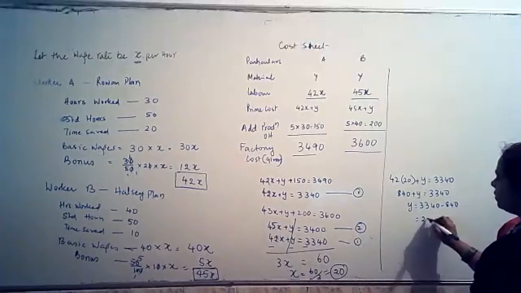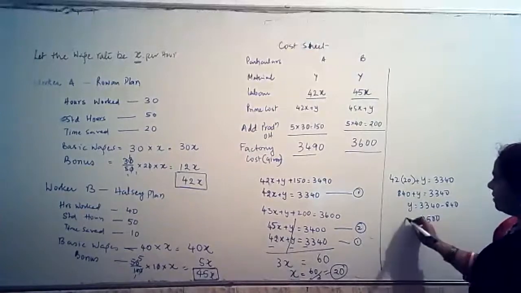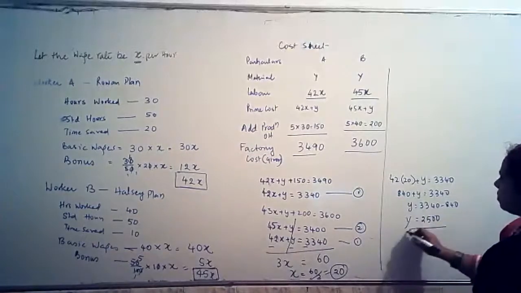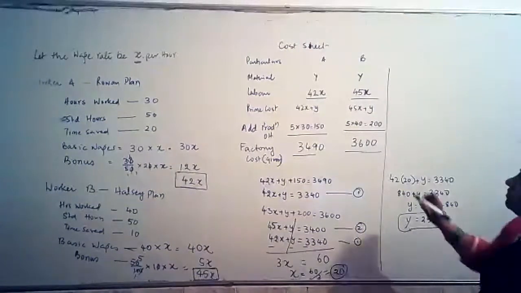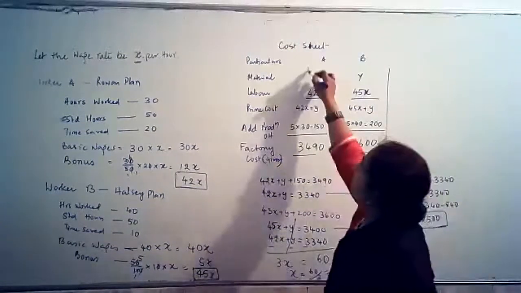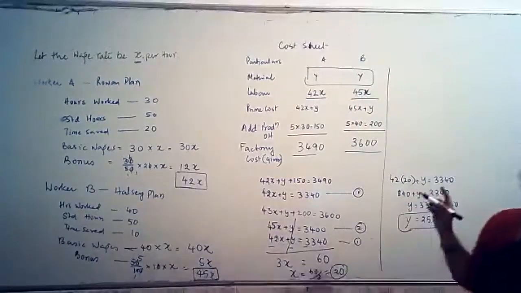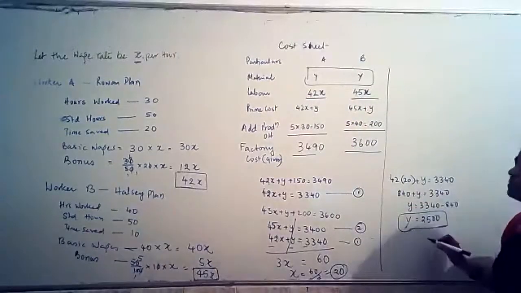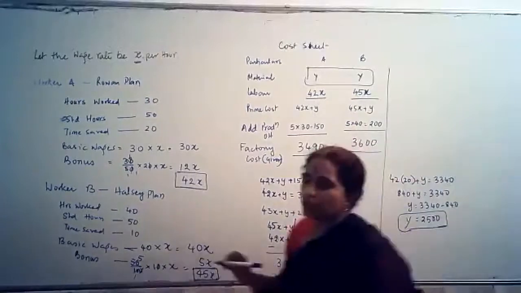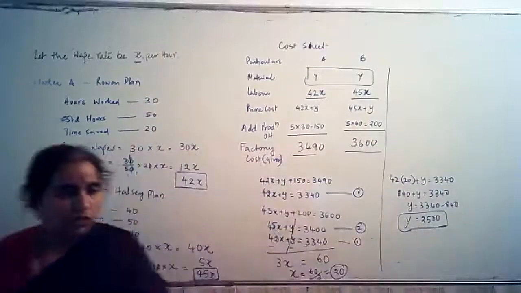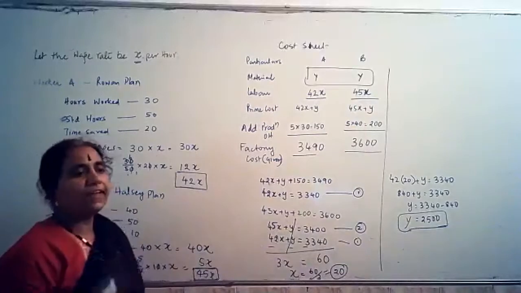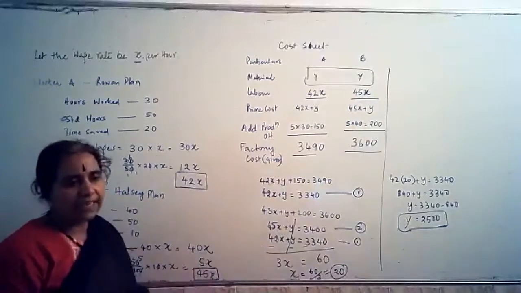This will give me 2,500. So y is equal to 2,500, which is nothing but my material cost. How much is the material? It is 2,500.